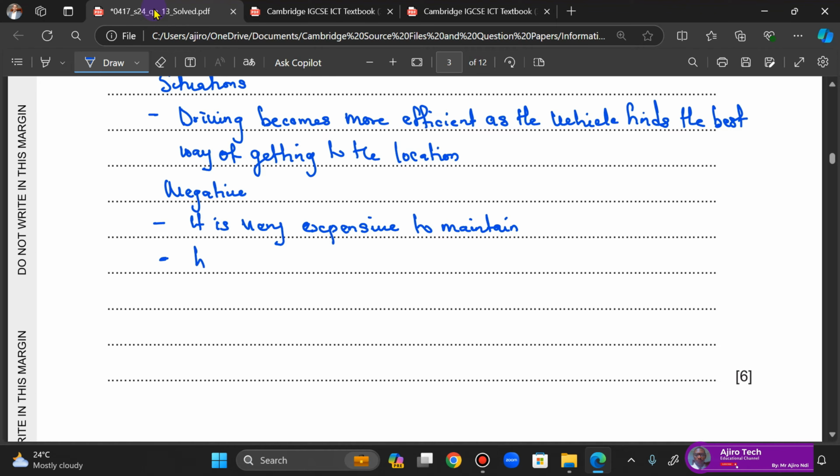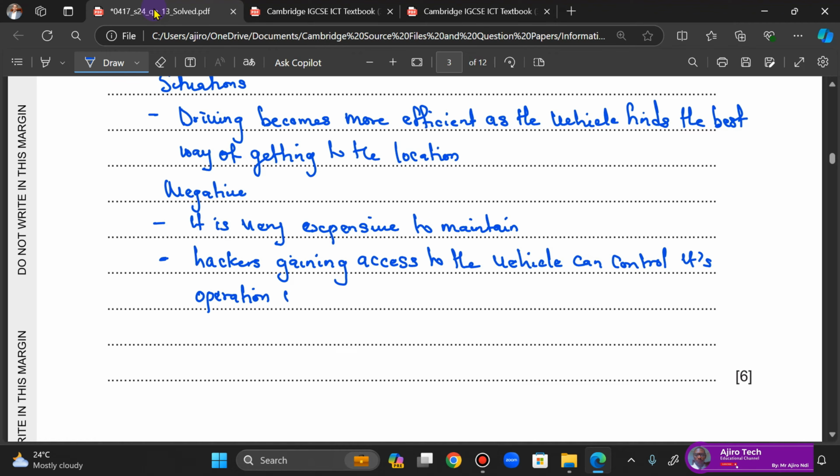Hackers gaining access to the vehicle can control its operation, which could lead to security problems. All right, so that is that.